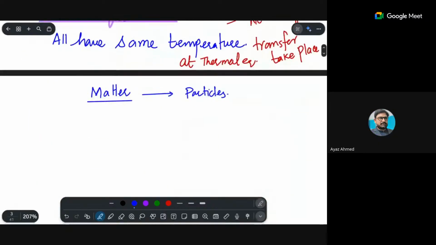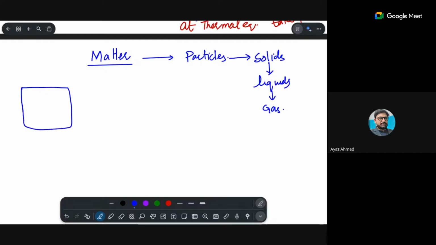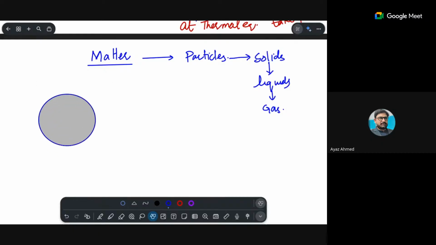These particles can be in the form of solids, liquids, or gases. I will draw a small box, a solid container, let's say of copper.